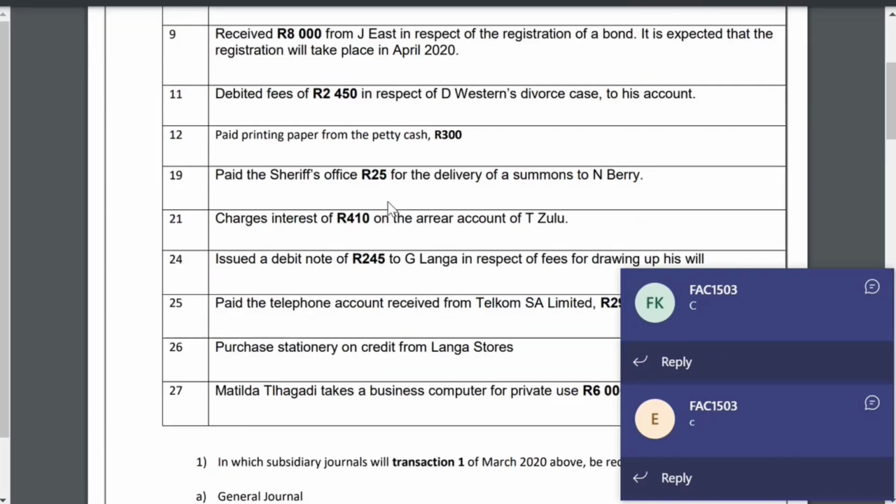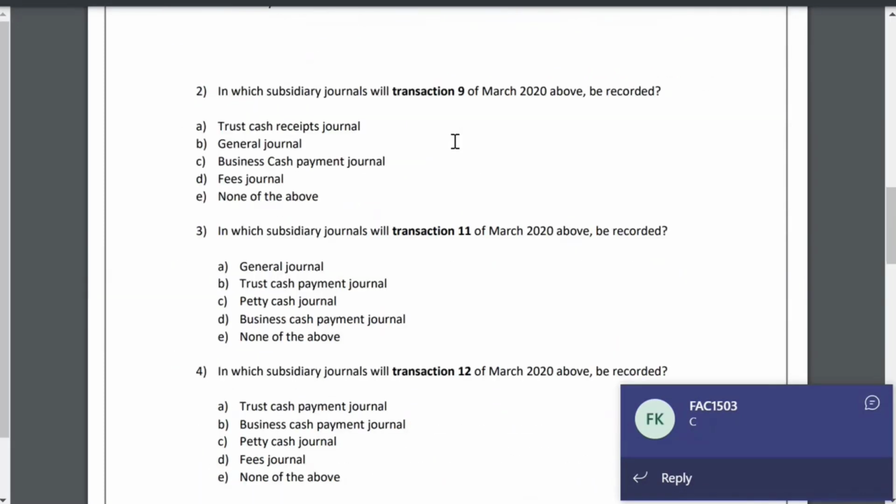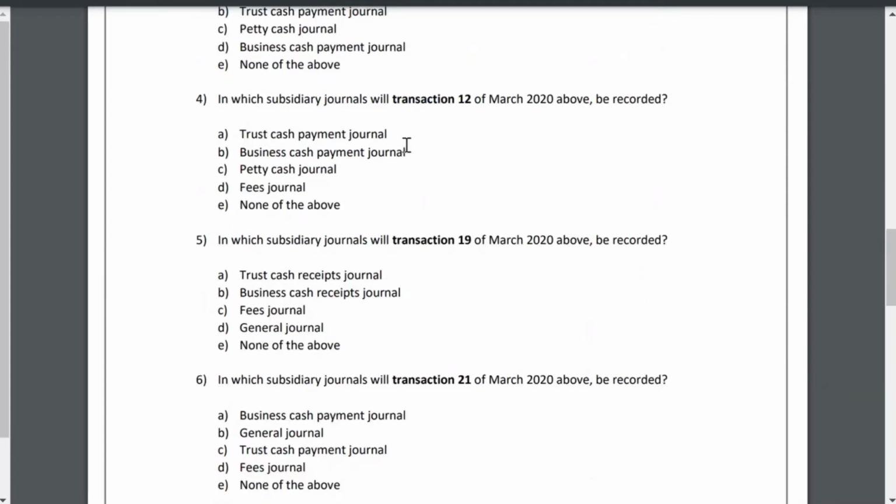They've paid with petty cash for printing paper, 300 Rand.